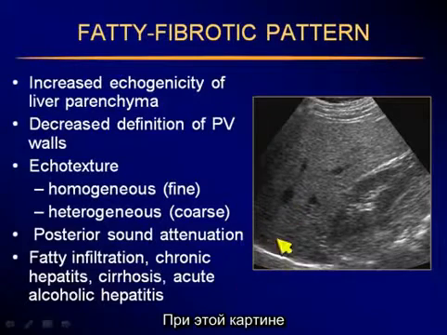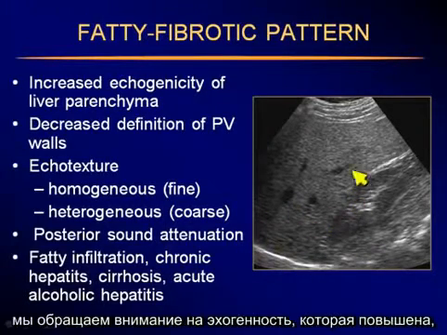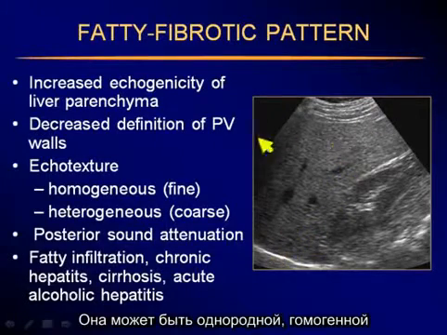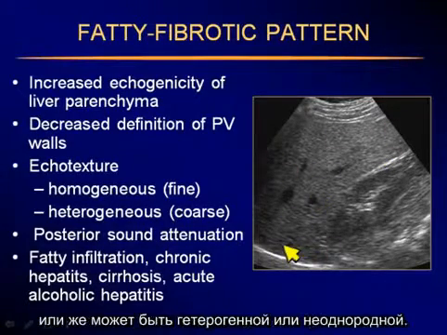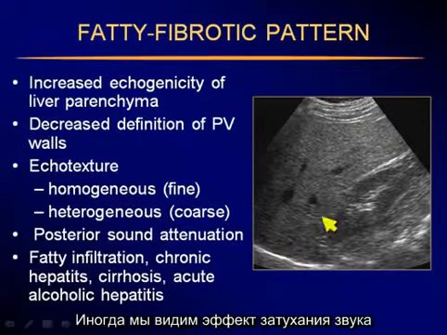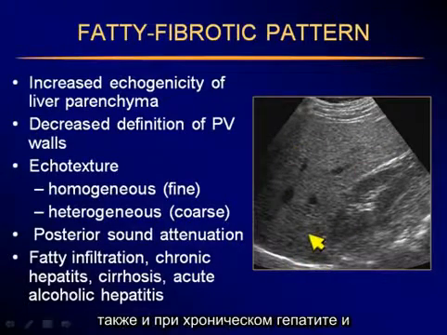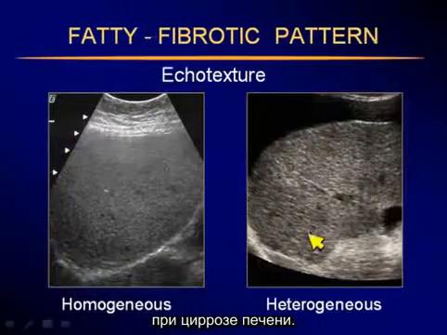In this pattern, we look at the echogenicity, that's increased, but then we have to look now at the echo texture. It could be a smooth, homogeneous echo texture of the parenchyma, or could be heterogeneous or coarse. Sometimes we see sound attenuation, and this type of pattern is usually seen with fatty infiltration, but also seen with chronic hepatitis and cirrhosis.